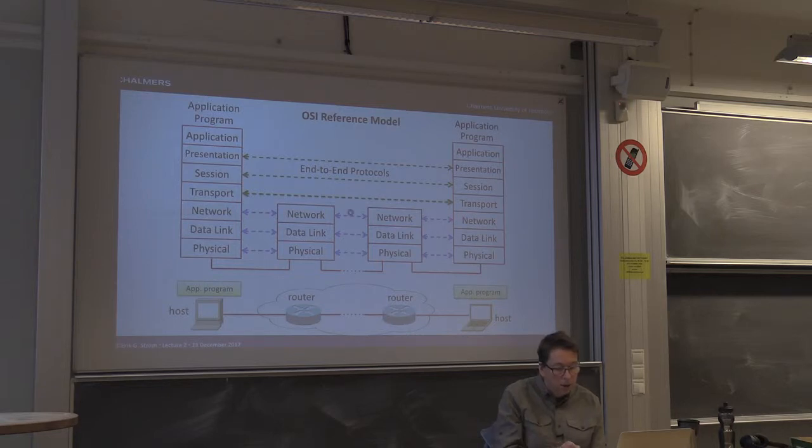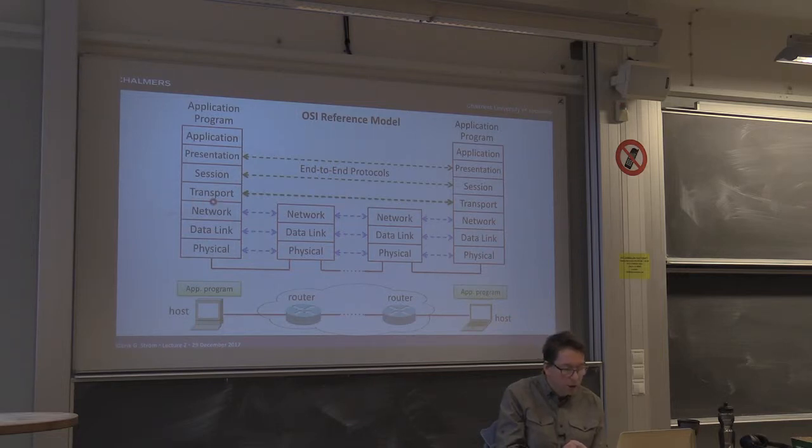And we will see later on this is needed in order to figure out a path through the network to go from this host to this host. That is one of the tasks the network layer needs to do. So the network layer can provide an end-to-end communication service which is used by the transport layer.